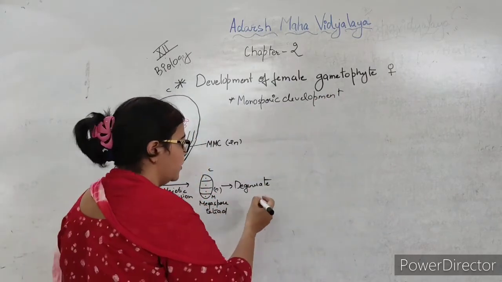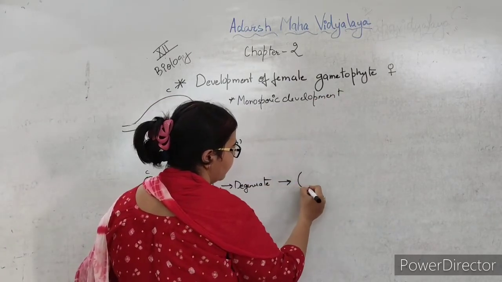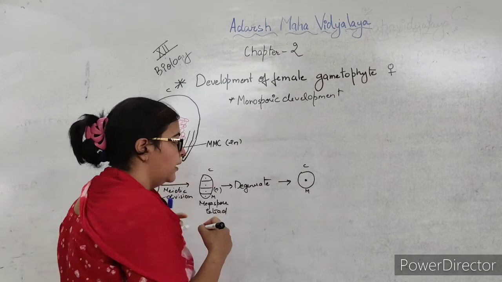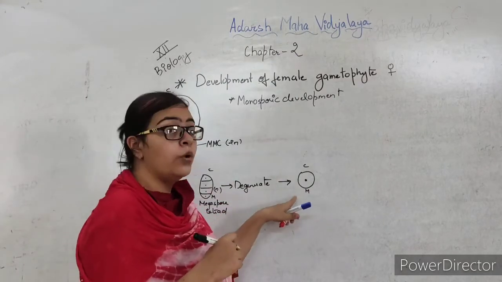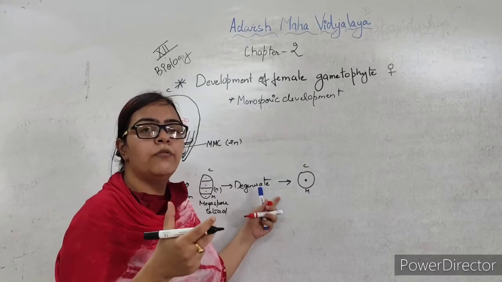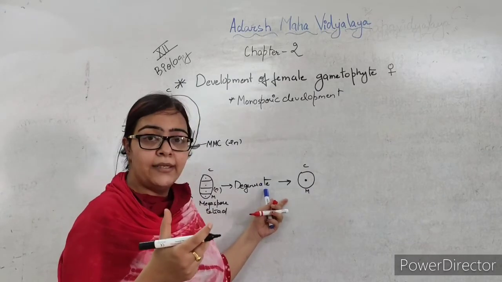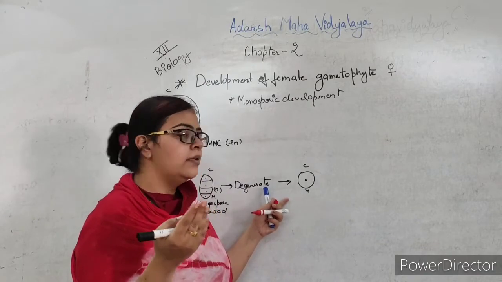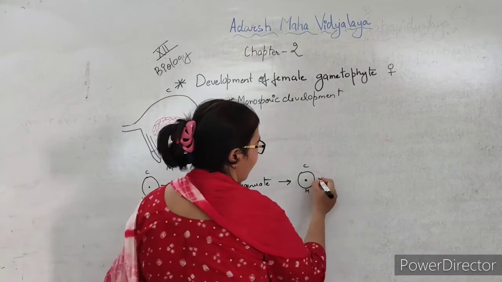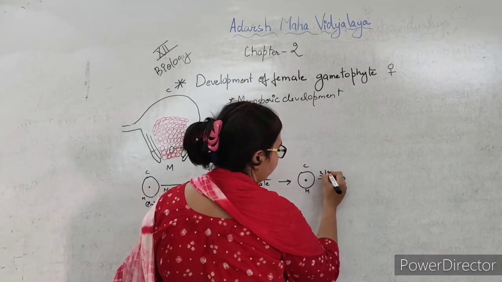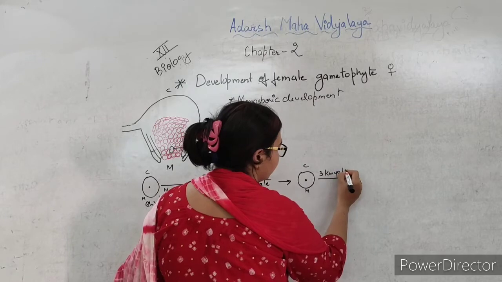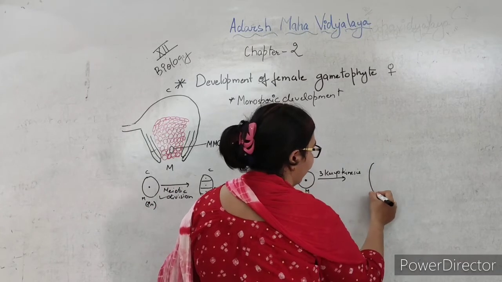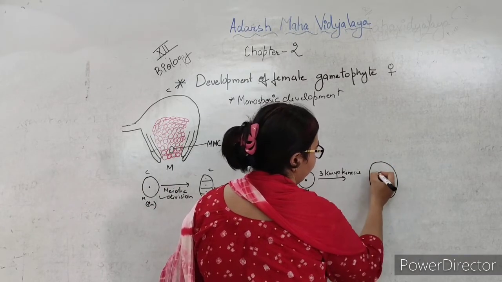Now after degeneration only 1 megaspore will be there. This is the chalazal end, this is the micropylar end. Now this megaspore will undergo free nuclear division, that is karyokinesis will occur, but it will not be followed by cytokinesis. So 3 karyokinesis will occur and we'll get 8 nuclei.